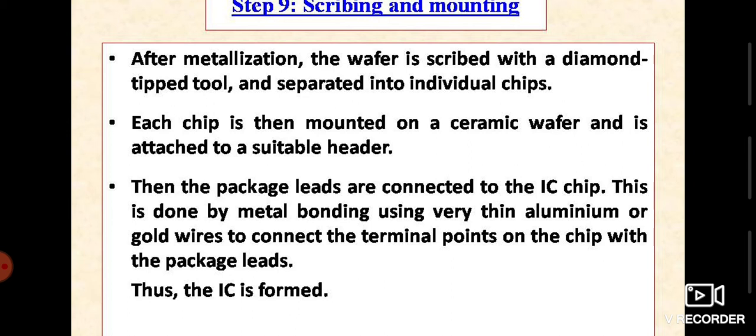For this we use metal bonding, done by using very thin aluminium or gold wires to connect the terminal points on the chip with the package leads. Thus, finally we obtain the monolithic IC form of the circuit we have considered.